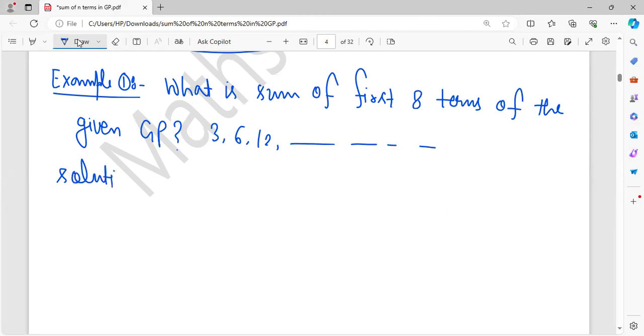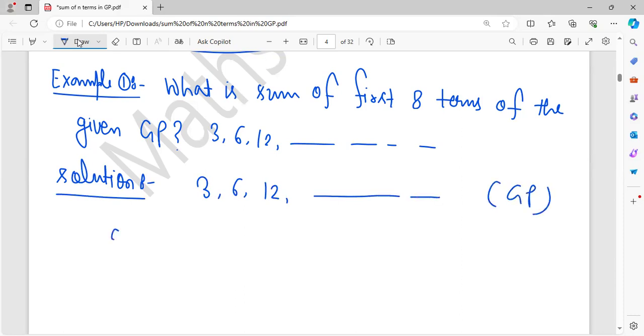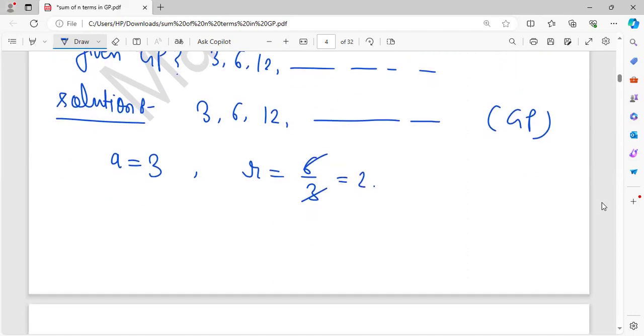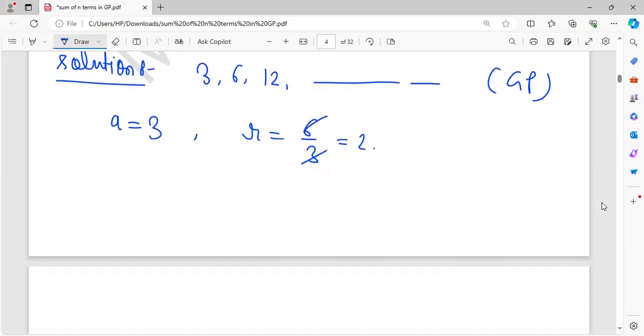Solution: 3, 6, 12. This is a GP. What is the first term? a is 3. What is r? 6 by 3, that is 2. Because the number of terms is given, we will use Sn.